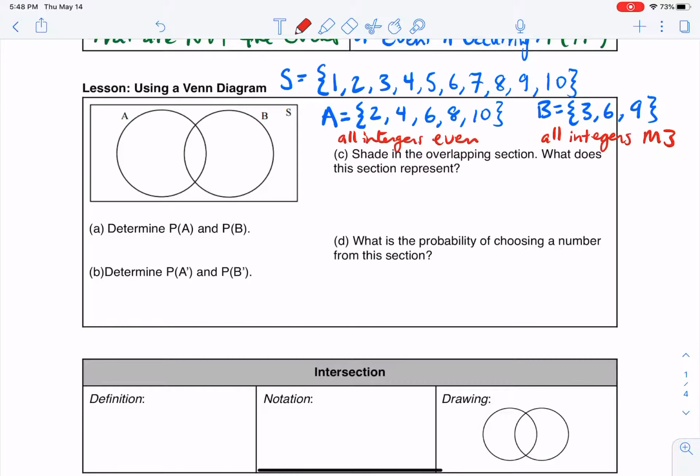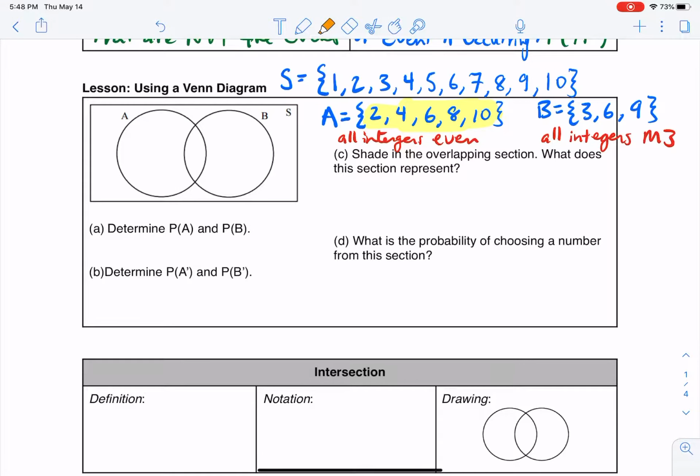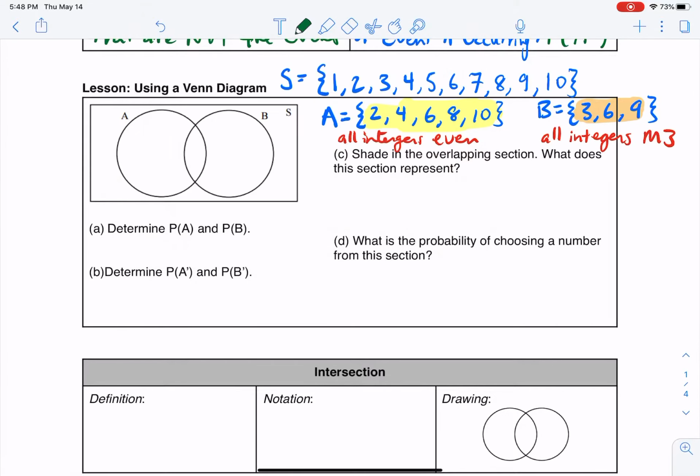Okay, so first of all, set A is going to be all the numbers that we've listed here: 2, 4, 6, 8, and 10. Set B is 3, 6, and 9. Now notice those two sets share 6. So when I'm drawing out my Venn diagram, I'm going to include 6 right in the middle.